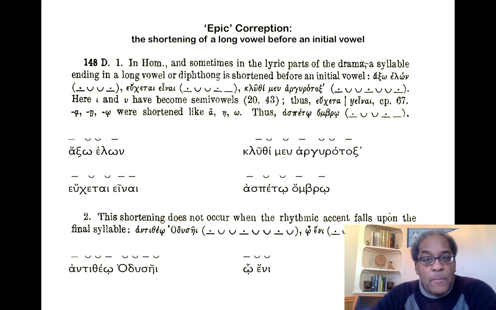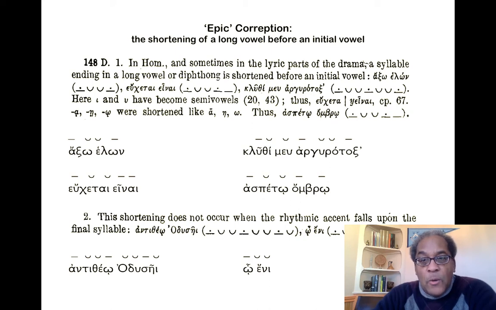So if you look at these examples, you see the omega has become short before the epsilon. Klutomeuargurotoxos, the omicron has become short before the alpha of argurotoxos. The alpha-iota diphthong has become short before the epsilon of aenai.